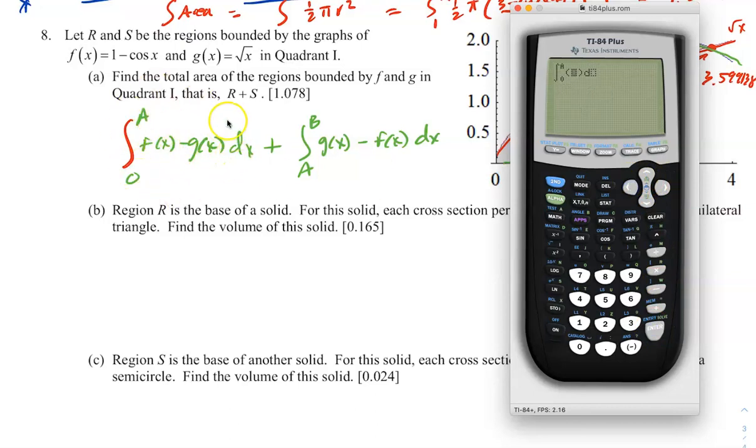On your paper, you don't put y1, you put f of x. But for us up here, we know it's y1. So alpha y1 minus y2, dx. We're going to add in the other integral. So math 9, and we're going from A to B. And this one will be y2 minus y1.